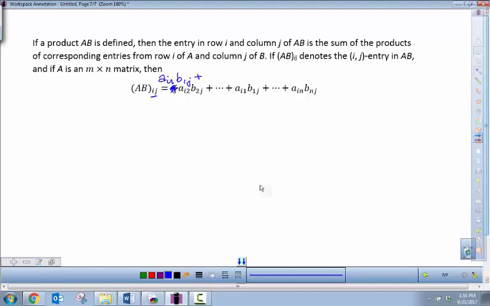Yeah, the column row matches. So again, AB, if A is an M, the one you just drew is the next term. They're plus signs. I don't know.